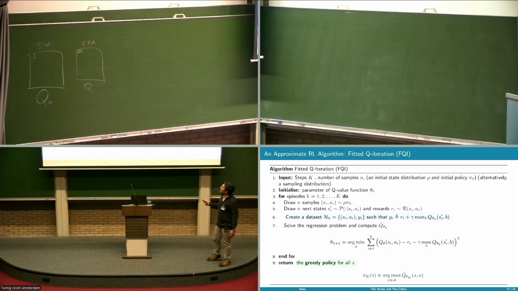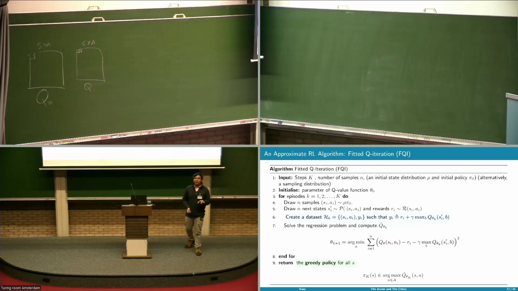You sample lots of states and actions, apply the transition function to get next states, and apply the reward function to get a sample of the reward. You start with this data set of S, A, S prime, and R, generating lots of independent samples.